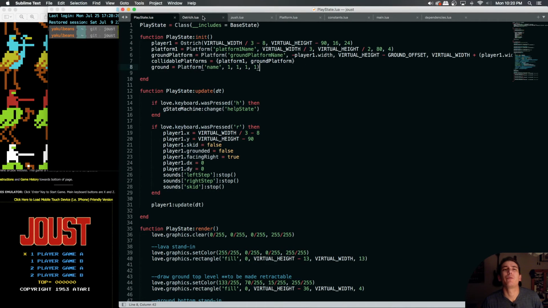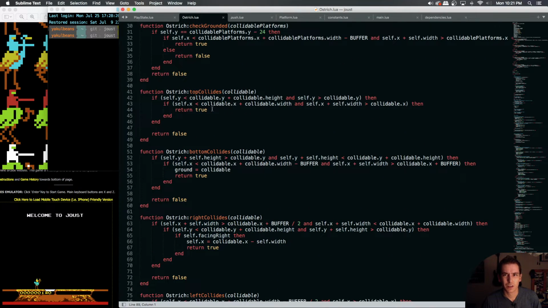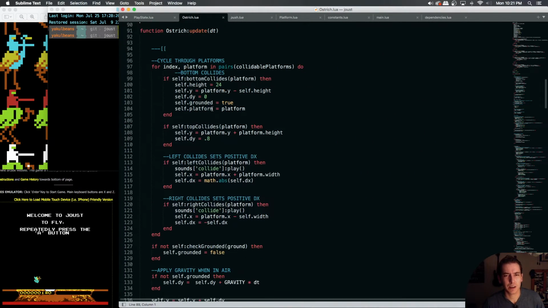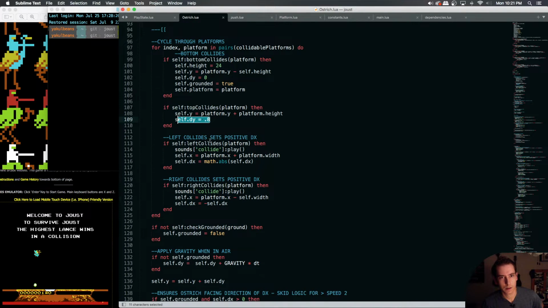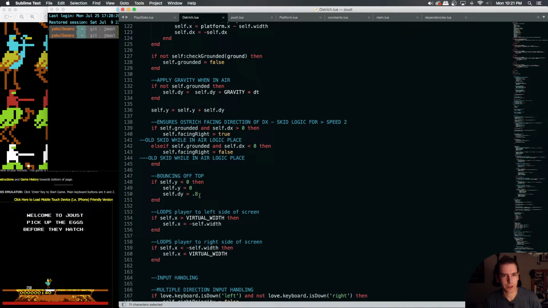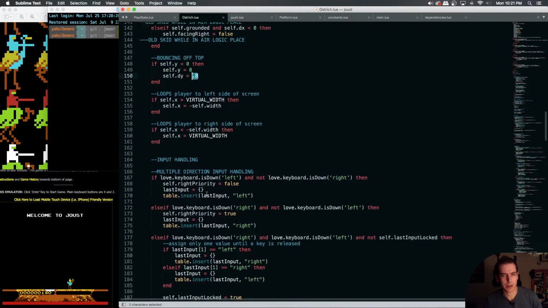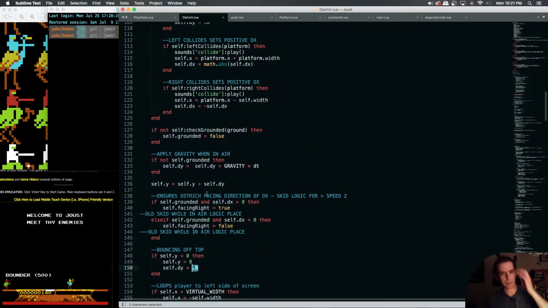So we need to go to our top collides function in our ostrich, probably. No, we need to see, not when we right here. Oh, look at this. I just have a positive 0.8. I thought at one point, oh look. So this 0.8 is the same when bouncing off the top, and the 0.8 dy plus the gravity is just too fast.